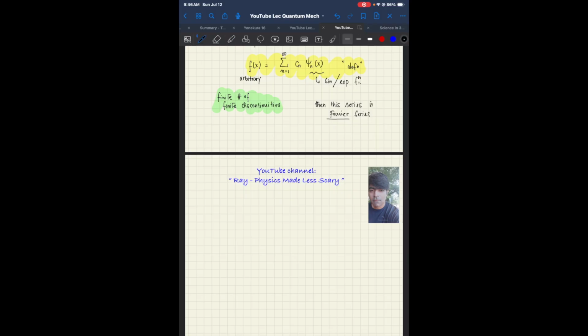So how do I figure out, of course, the point is to figure out these C n's, right? I know what these psi n's are. In my case, these are the sine functions that I derived before. Somebody gave me this f(x) to expand in this basis of sines. So basically the task is to figure out these C n's, right?